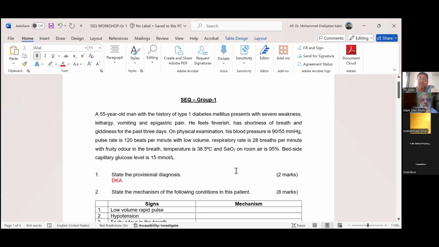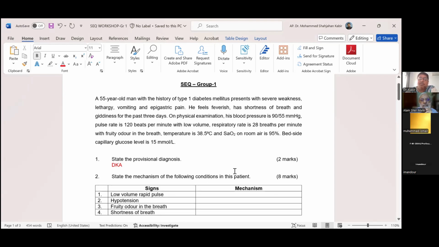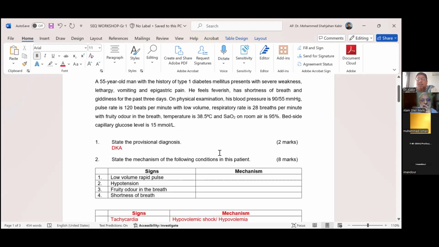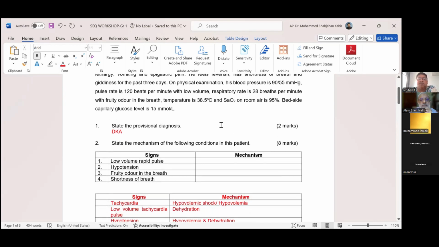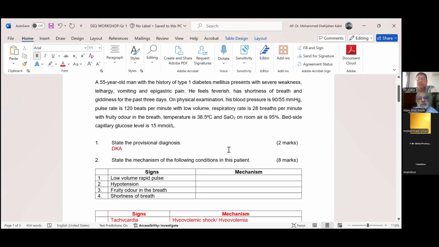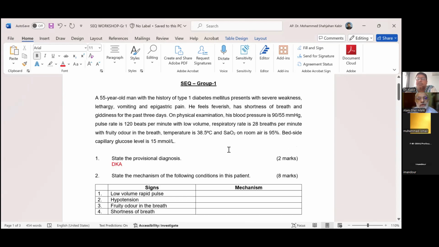On physical examination, his blood pressure is 90/55, that is hypotension. Pulse is tachycardic with low volume, and respiratory rate is 28 breaths per minute, tachypnea, with fruity odor in the breath. Temperature was raised, and room air saturation is normal. Bedside capillary glucose level is 50 millimole per liter. Should I proceed, or any question on the scenario? Go through it first, then we'll see.